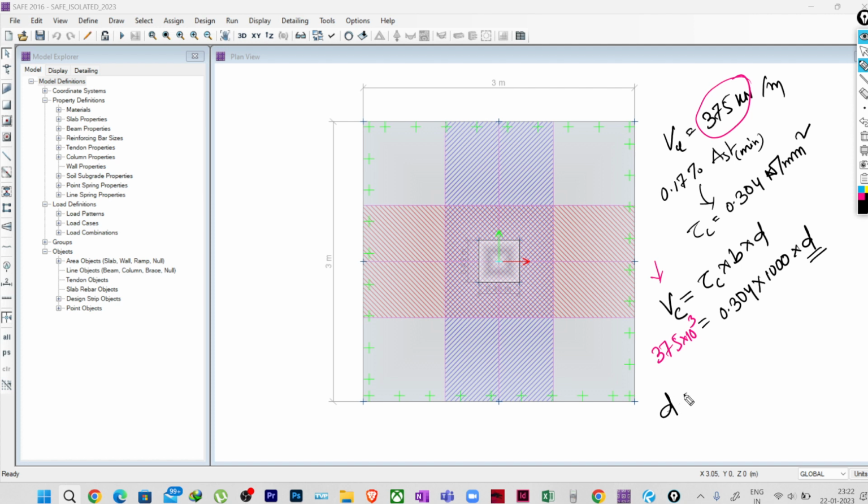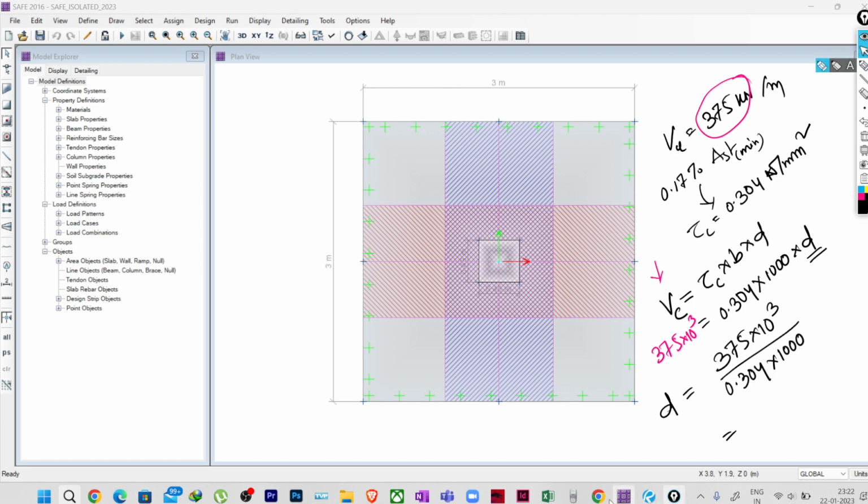So what will the D be? D equal to 375 multiplied by 10 cube divided by 0.304 multiplied by 1000. So what will be the D required?